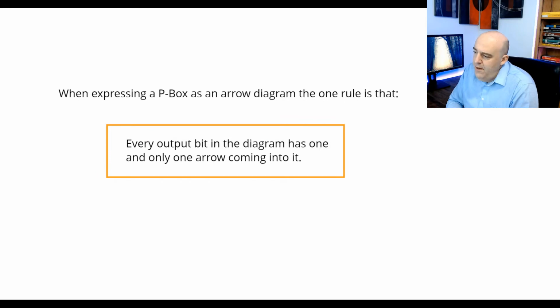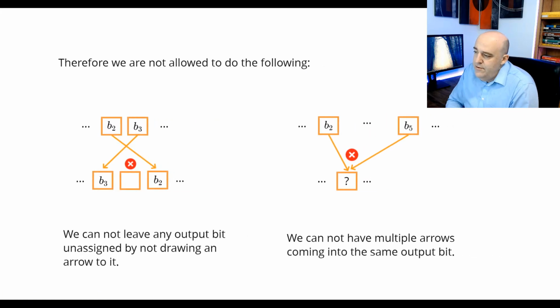So just remember, the main thing when you draw these arrow diagrams is that every output bit should have one and only one arrow coming into it. So just to see some examples of things we're not allowed to do when doing an arrow diagram for a P-box: you can't leave any output node unassigned by an arrow. That's what this first picture is showing here.